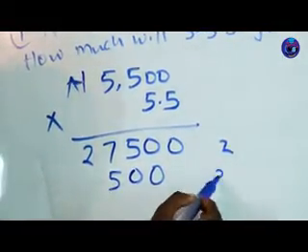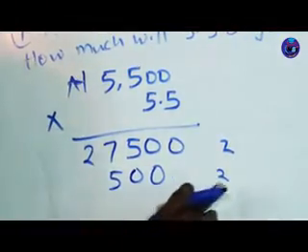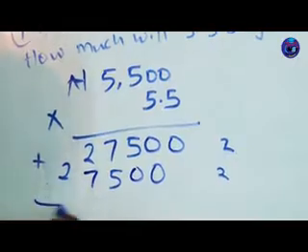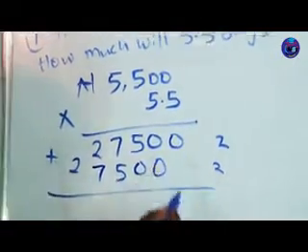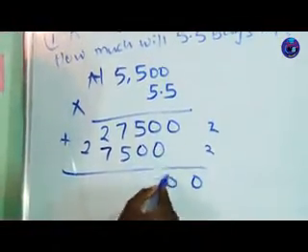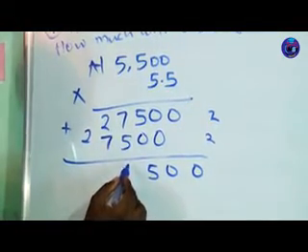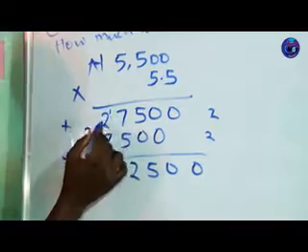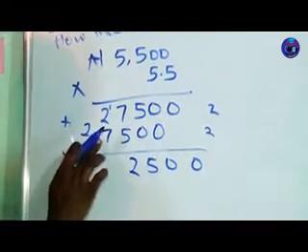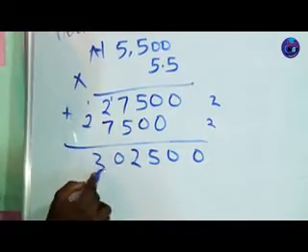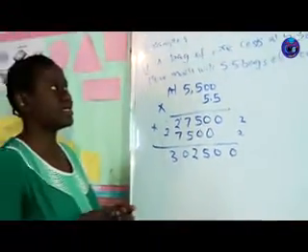Write 5 and lift 2. 5 times 5, 25 plus 2, 27. Now I add up. 0, 0, 5, 7 plus 5, 12, lift 1, 1 plus 2, 3, plus 7, 10, write 0, lift 1, 1 plus 2, 3.